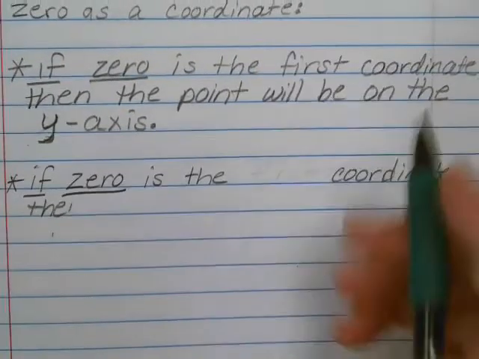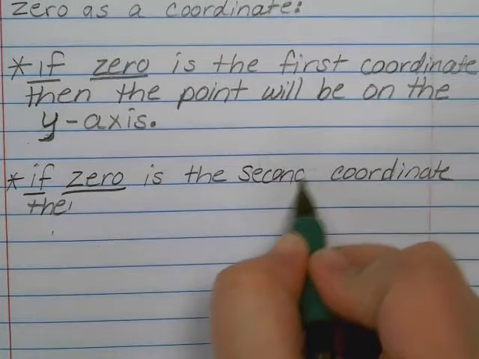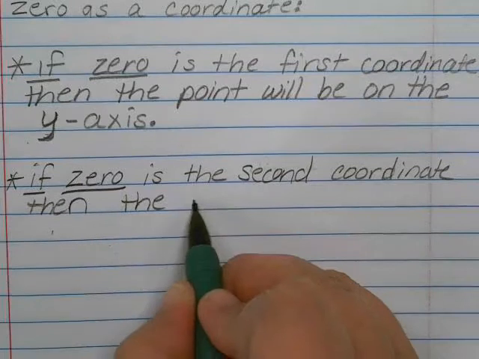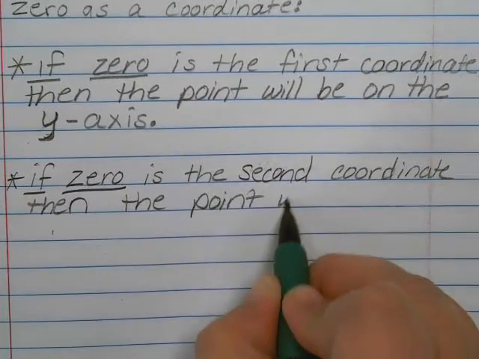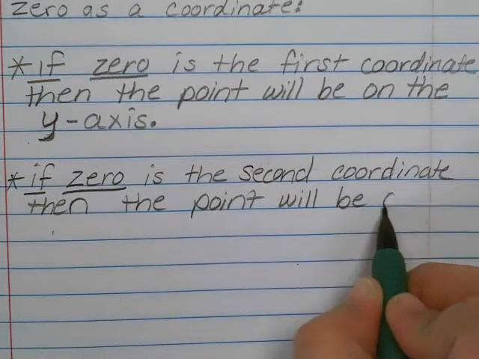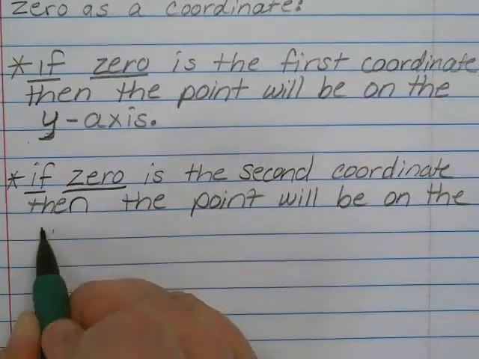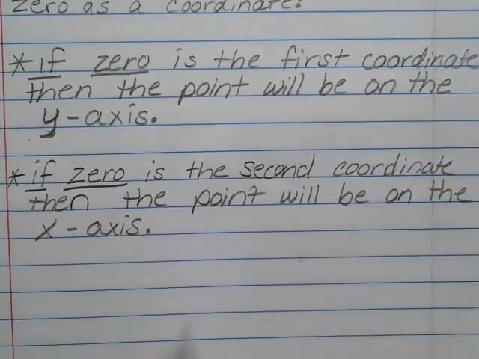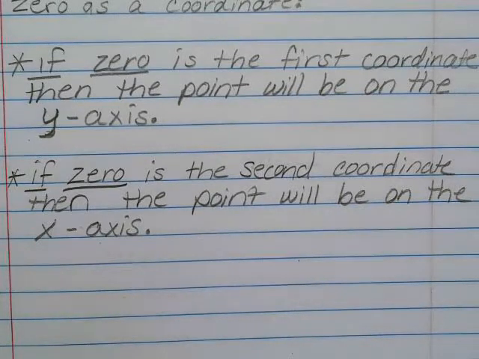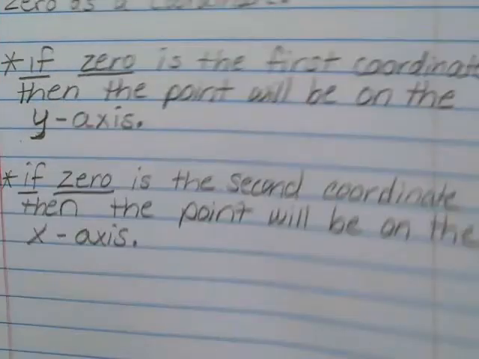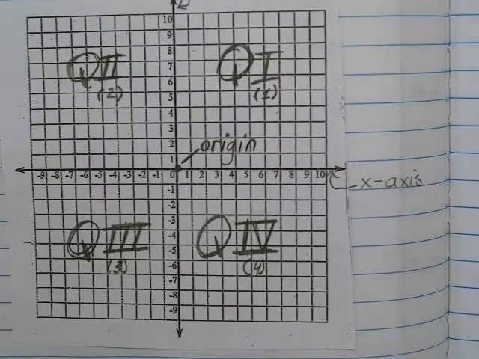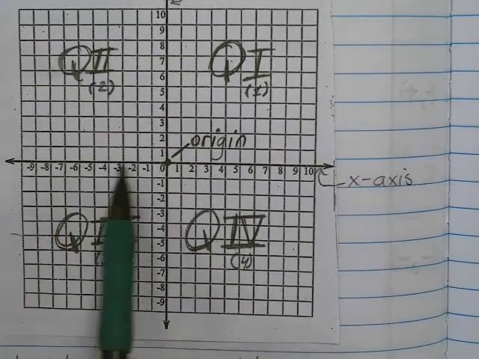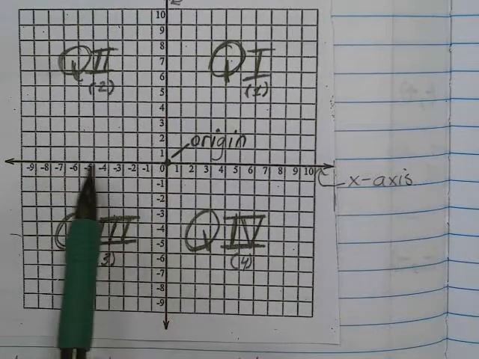If 0 is the second coordinate, then the point will be on the x-axis. So now let's take a look at this coordinate plane that we have. If 0 is your second number, then your point will stay on this horizontal number line, this x-axis.